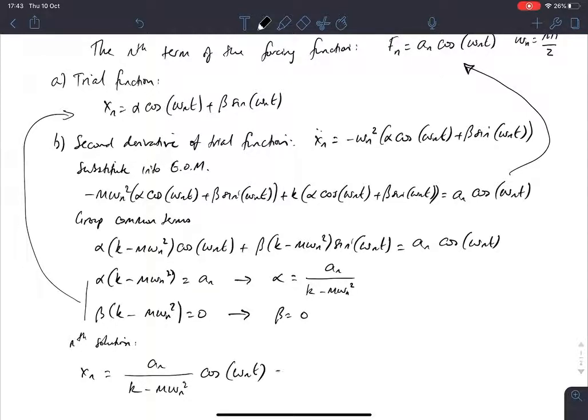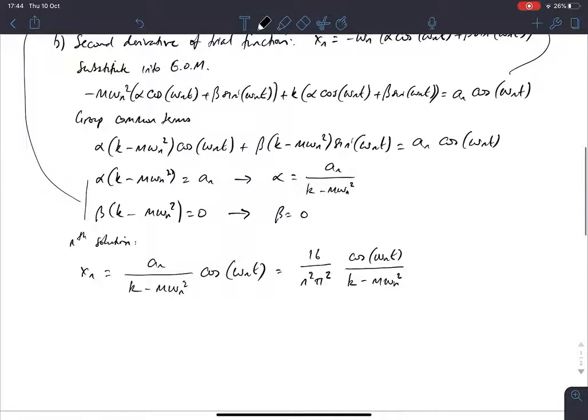And if we substitute in our a n term, we've got 16 divided by n squared pi squared, then cosine omega n t divided by k minus m omega n squared. There's our nth solution.